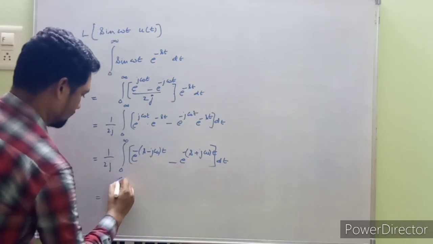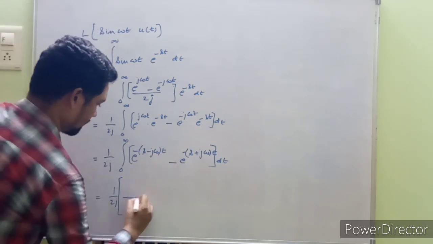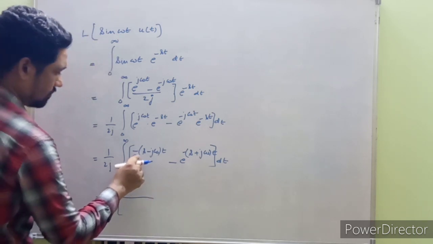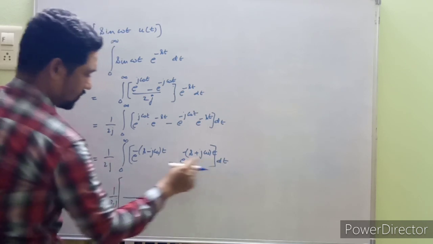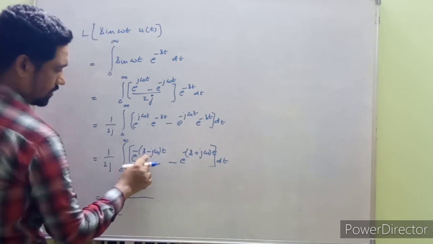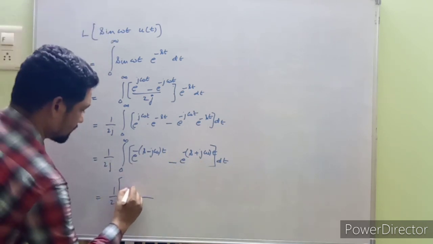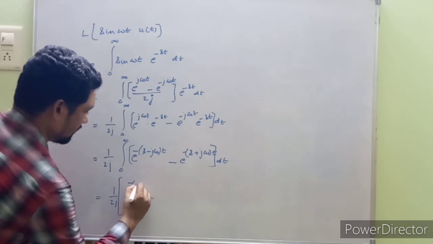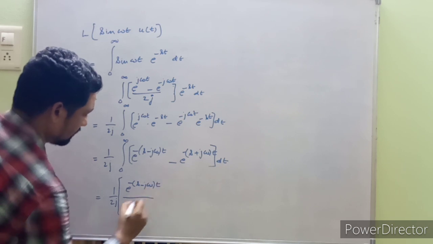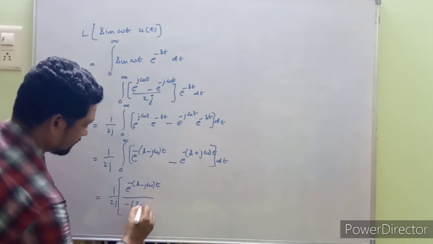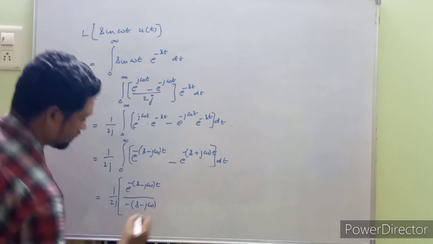We have e raised to minus s minus j omega t with respect to t, so t will be the variable, and this will be the constant. This comes down: e raised to minus of s minus j omega into t, and minus of s minus j omega comes down.